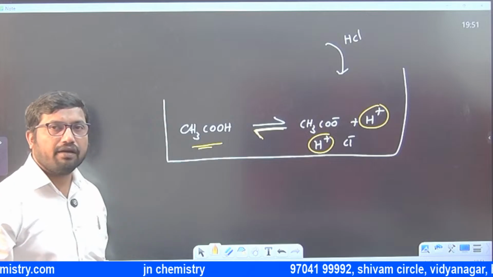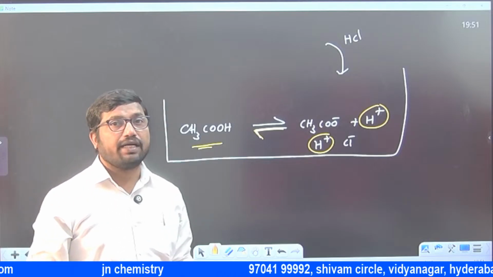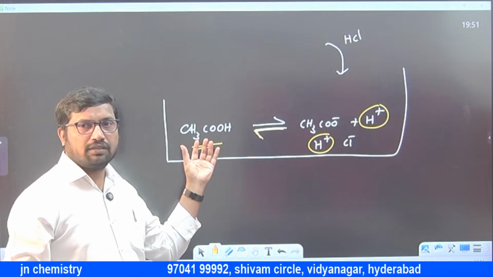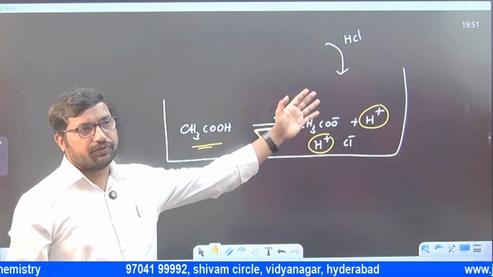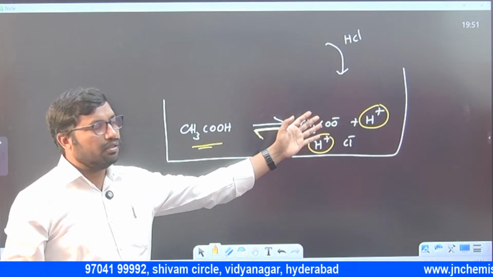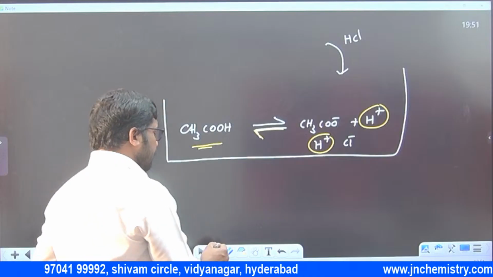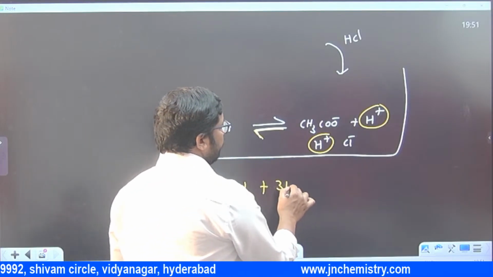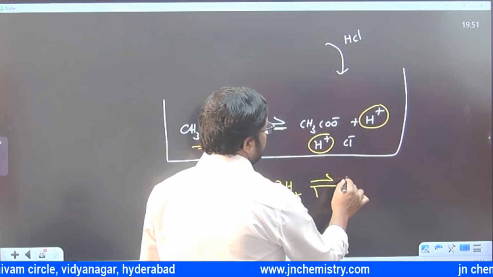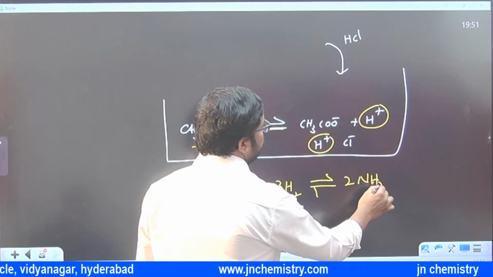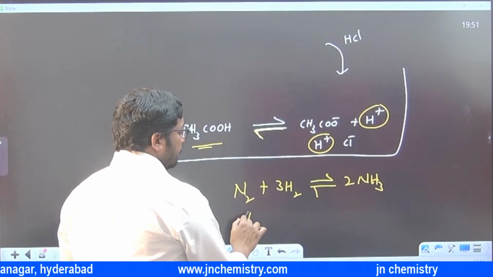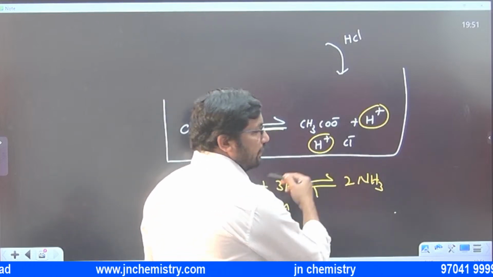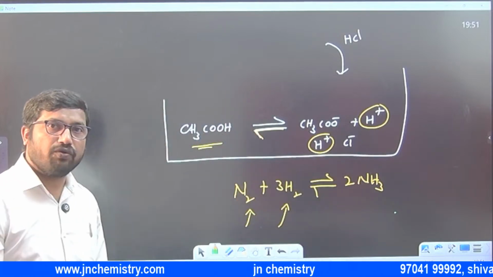According to Le Chatelier's principle, if the concentration of reactants increases, the reaction moves in the forward direction. For example, in the preparation of ammonia, N2 plus 3H2 gives 2NH3. If you increase the concentration of nitrogen and hydrogen, it moves in the forward direction.